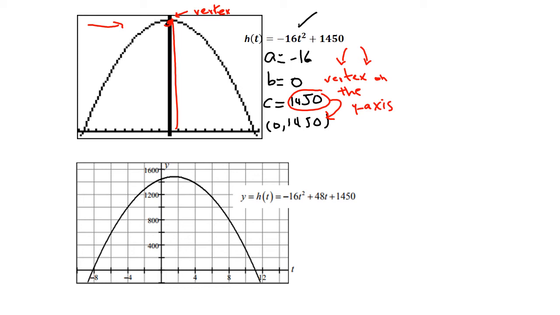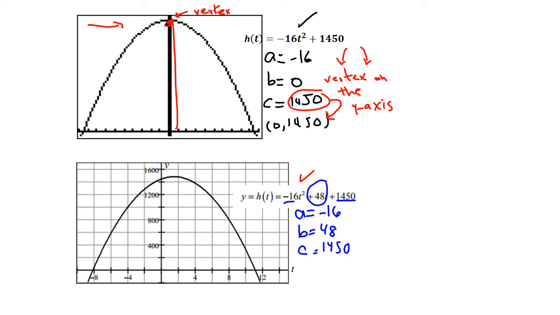Now, I have another function right here, and this function has the same value of A and C, but has a B of 48. So for this function, A is negative 16, B is 48, and C is 1450.